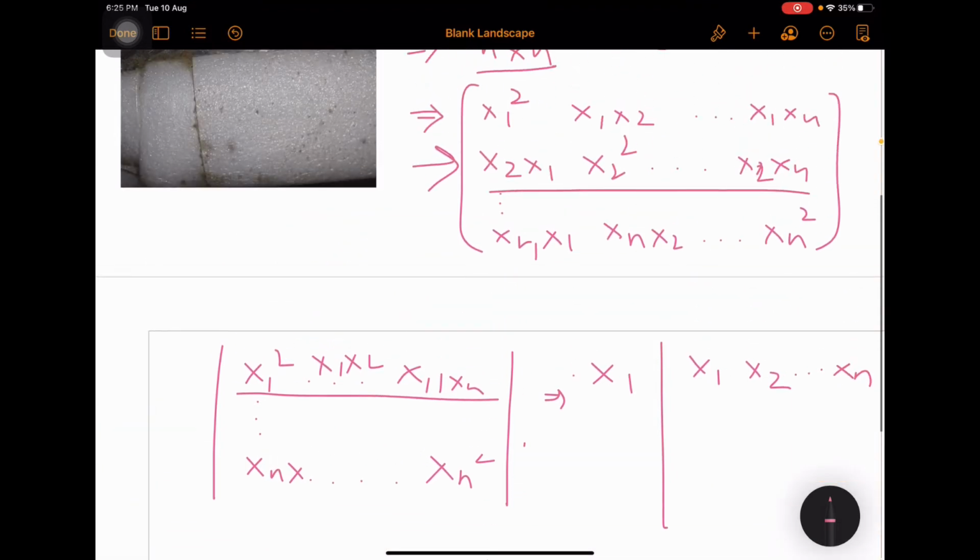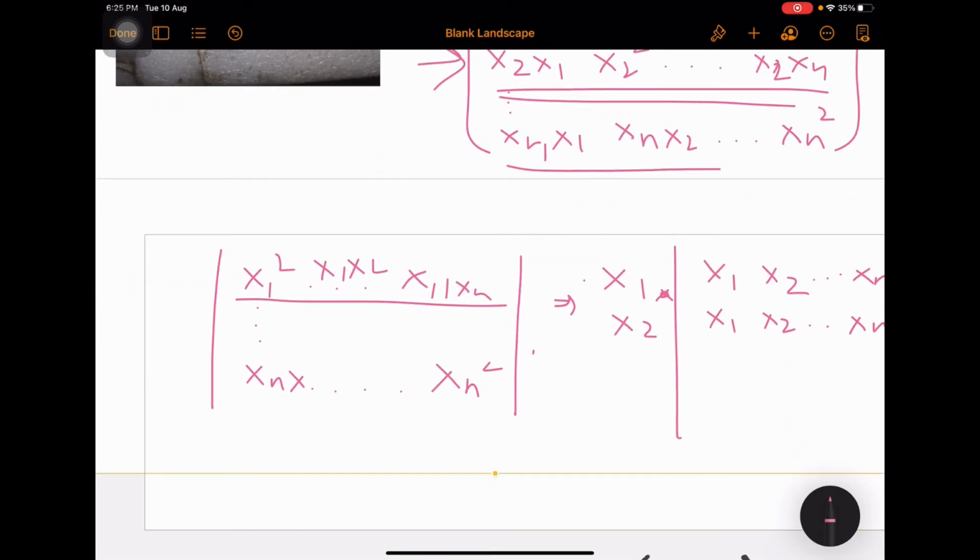Similarly for the second row, when you take out x2 common, you will get x1, x2, up to xn, right? Please don't get confused. And similarly from the last row we take out xn common. These are all getting multiplied, and what remains is the determinant of the matrix with all rows x1 x2 up to xn.